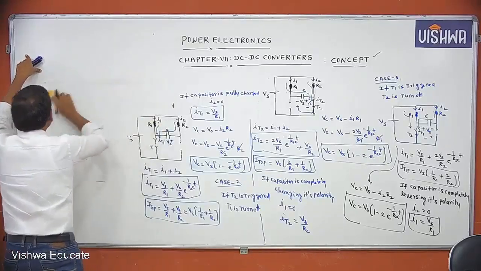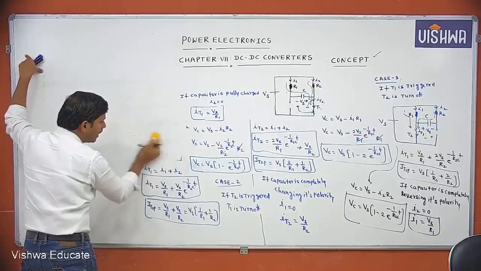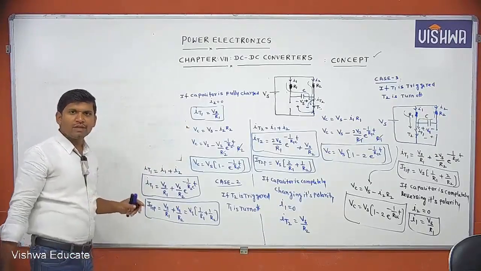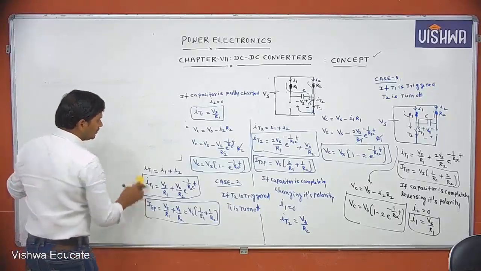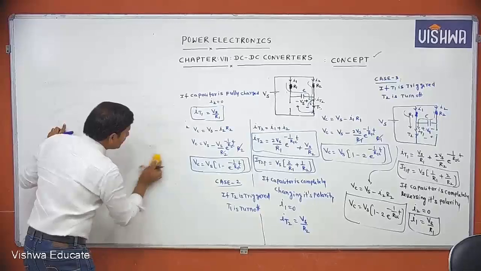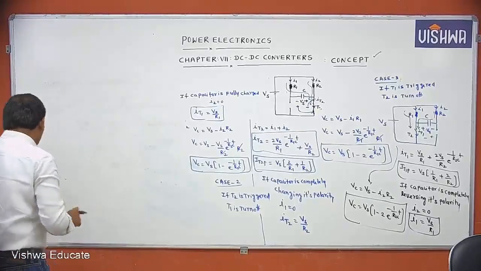That means turn on of one thyristor will turn off the other thyristor in this commutation. That's why it is called complementary commutation. Now see how to draw the waveform.